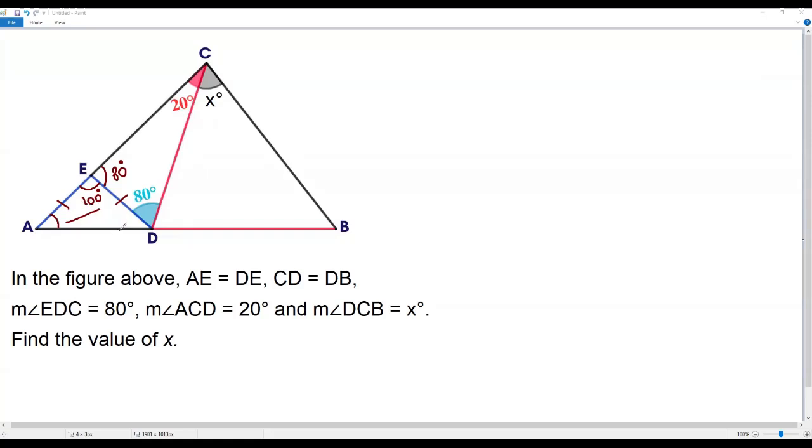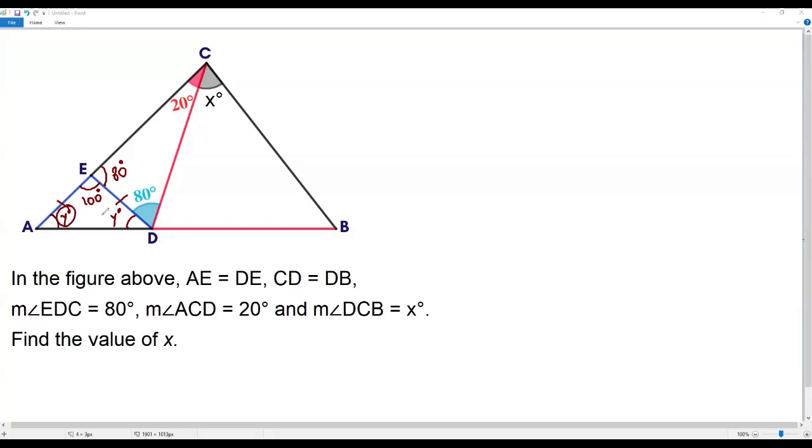Since these two angles are opposite to equal sides, they must be equal. I assume the interior angle here is y degrees. Then the interior angle at vertex D must also be y, so they are y and y.